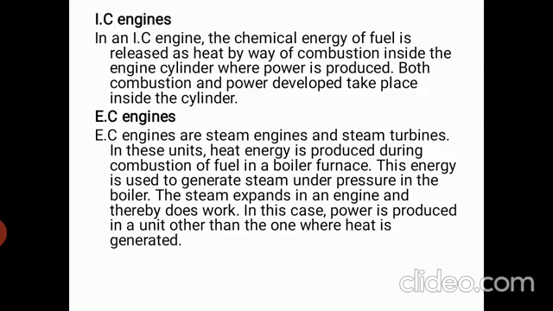Those water tubes absorb the heat liberated inside the boiler, and the water is converted into steam. That steam is routed to a turbine to produce mechanical work as output. This is how an external combustion engine works. Combustion takes place in a boiler, and expansion takes place in a turbine with the help of steam.